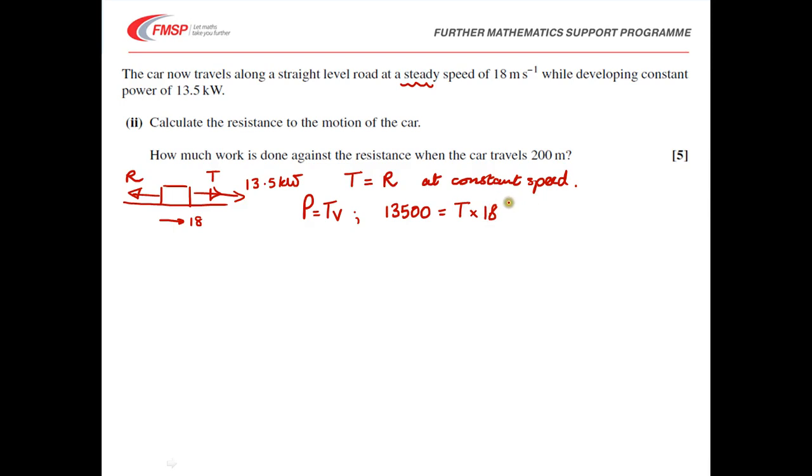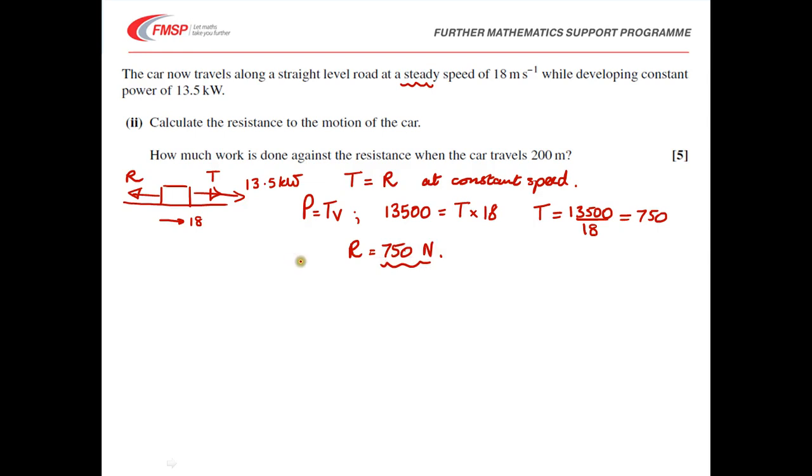That gives us T equal to 13,500 over 18, and that's equal to 750 newtons, so we know that the resistances are also equal to 750 newtons.